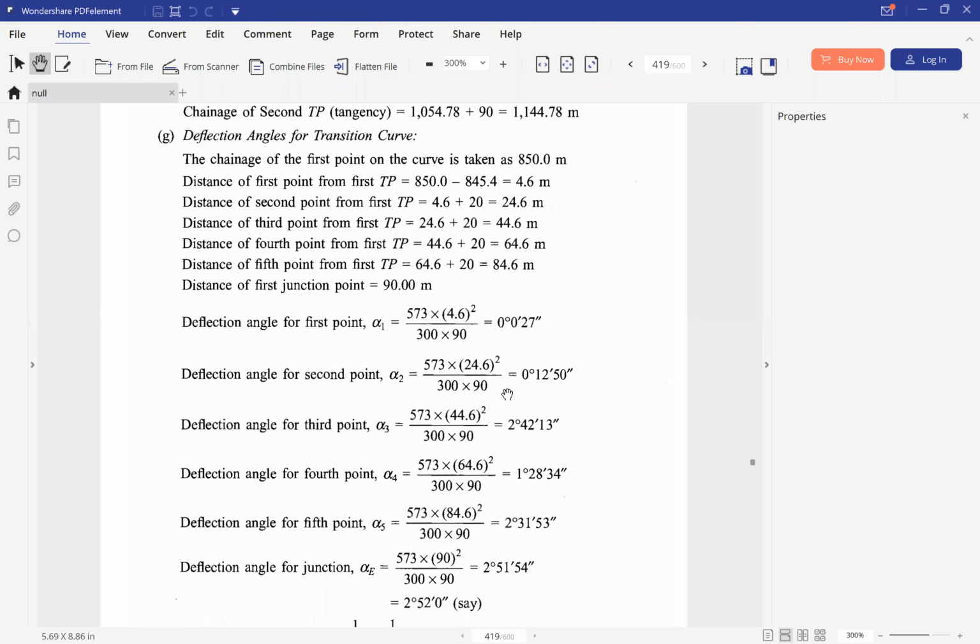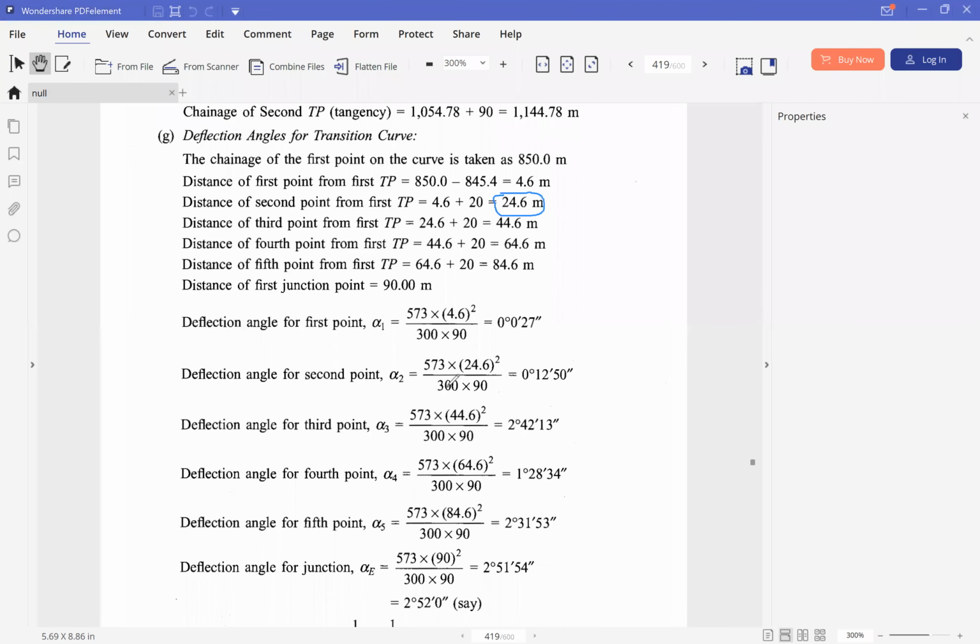So just putting the values over there, you have the angle as 0 degrees 0 minutes and 27 seconds. And the deflection angle for the second point, alpha 2, will be equal to 573 into the next value, that is 24.6.